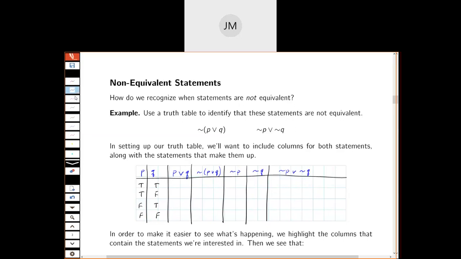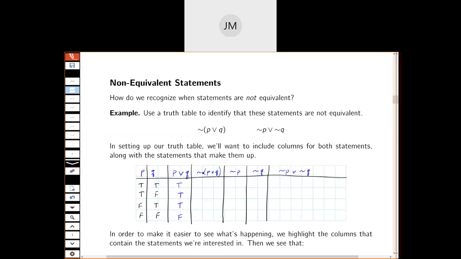Okay. And then when we're filling out our truth table, it's, I think, helpful to have maybe your little reference card handy. Remember, for the OR statement, if either one of them is true, the OR statement is true. So true or true gives me a true, at least one true gives me a true, at least one true gives me a true. When they're both false, the OR statement is false.